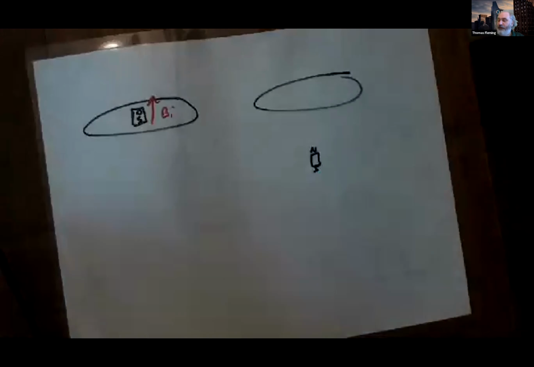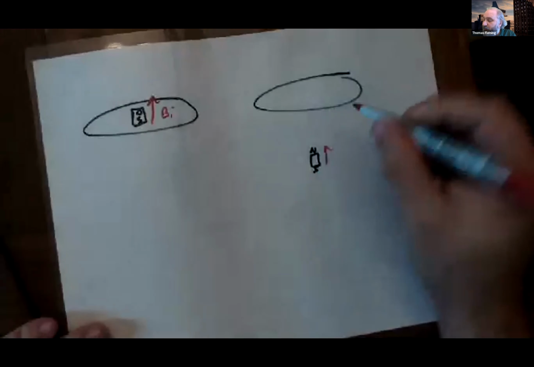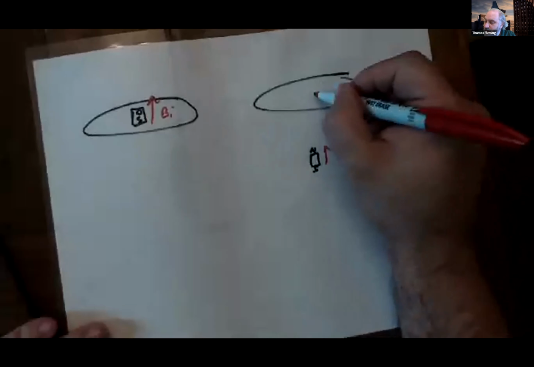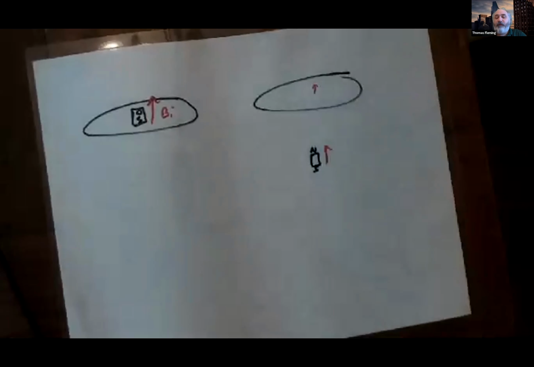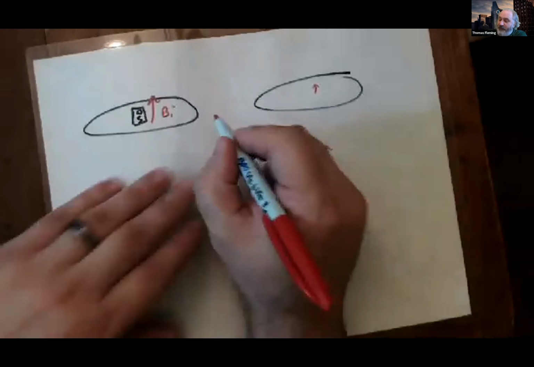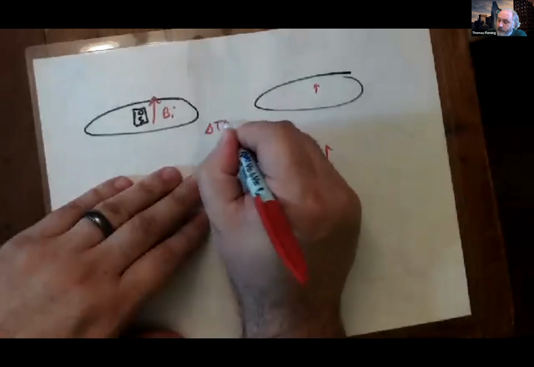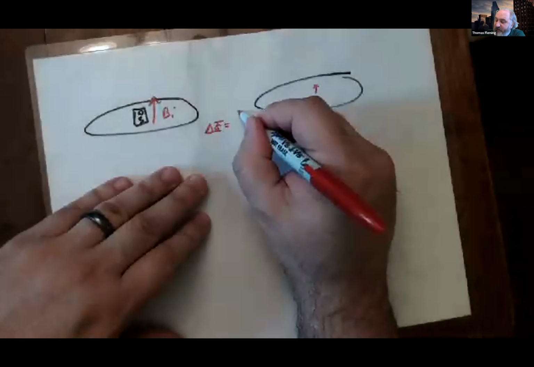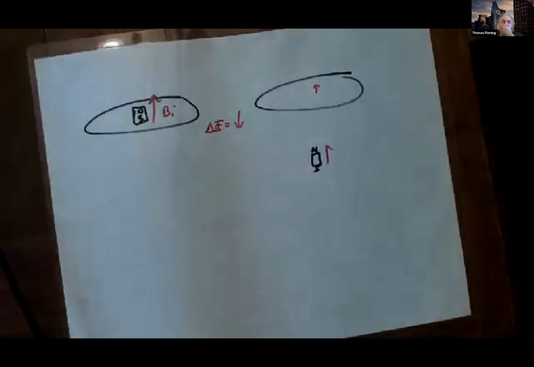Notice the magnetic field still points upward, but the magnetic field caused by this in this region is going to be upward but tiny. So now the change in my flux is from big to small, so the change is negative, it's downward.